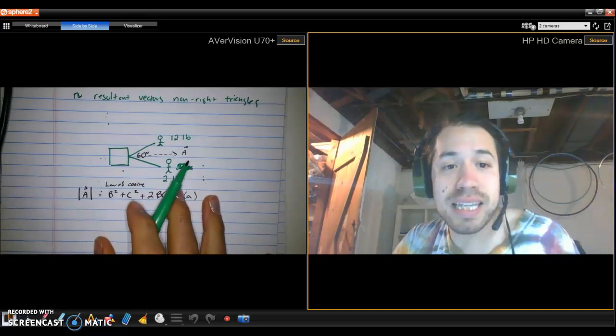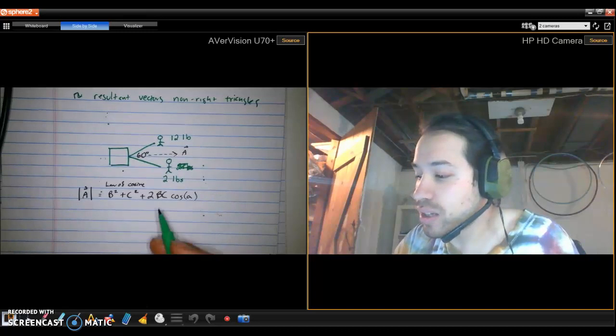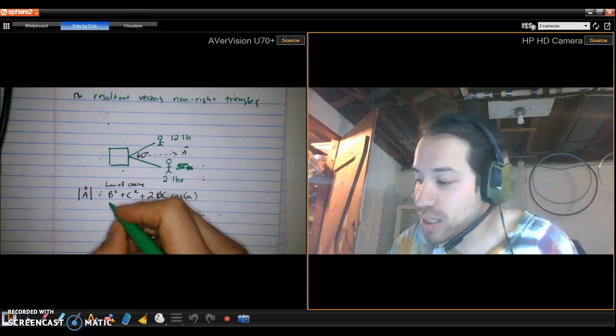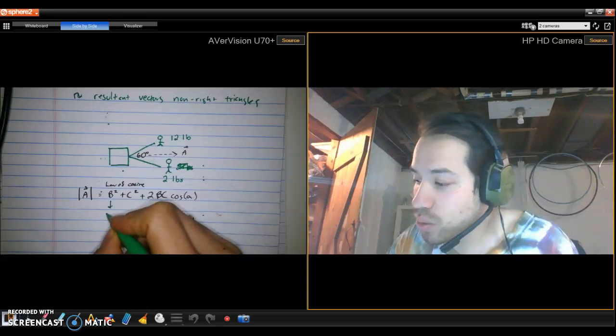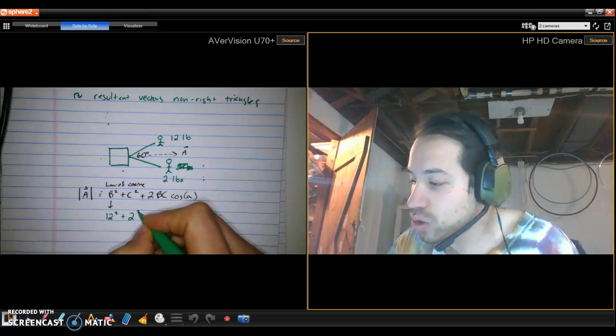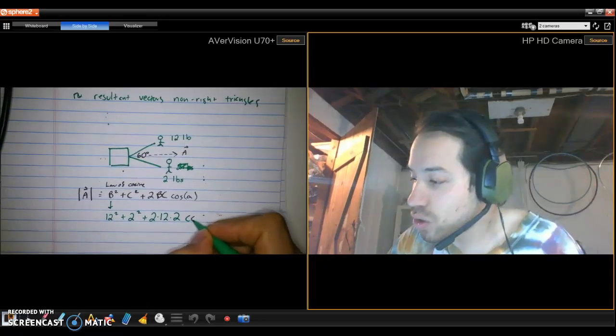The nice thing about this diagram, when we're working for the magnitude of the resultant vector, is we're just going to use these other two vectors. I know mine is 12, plus Mr. Chandler's is 2, plus 2 times 12 times 2, again, those vectors, cosine.